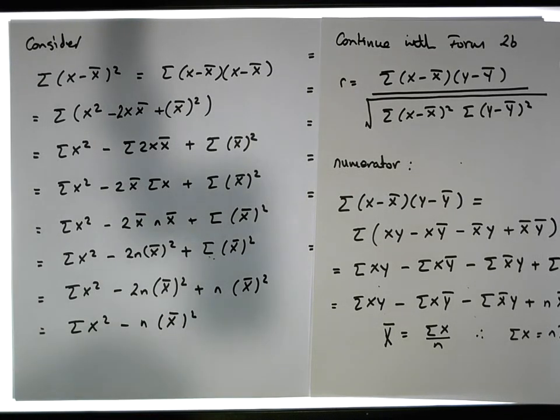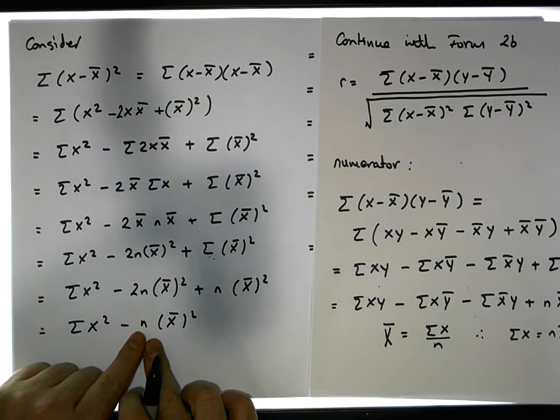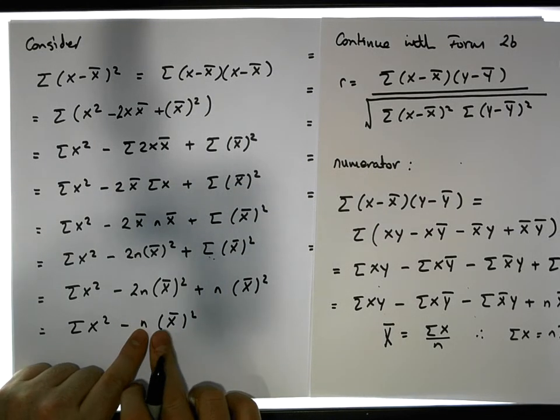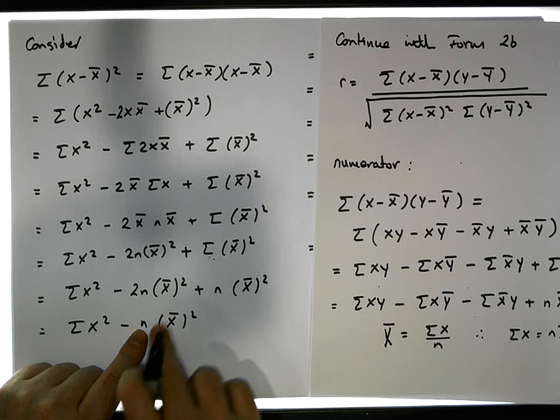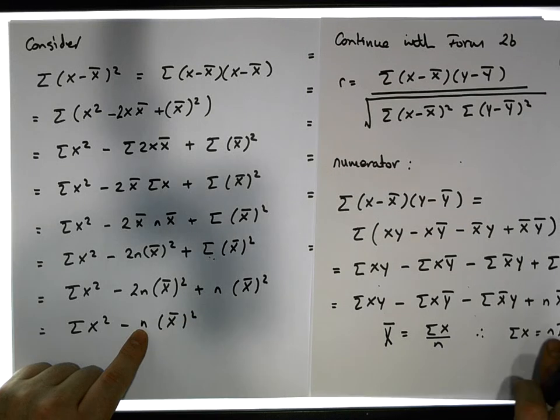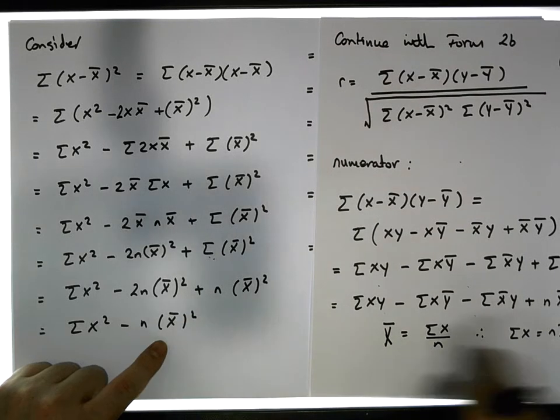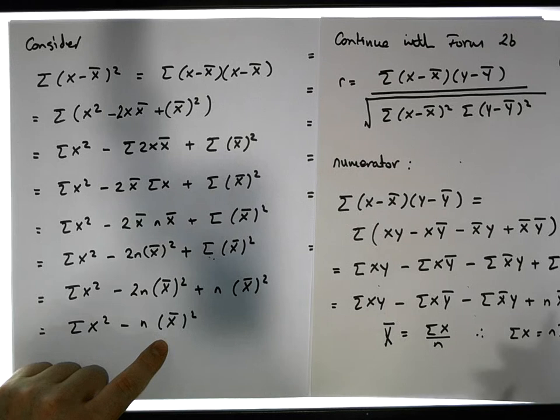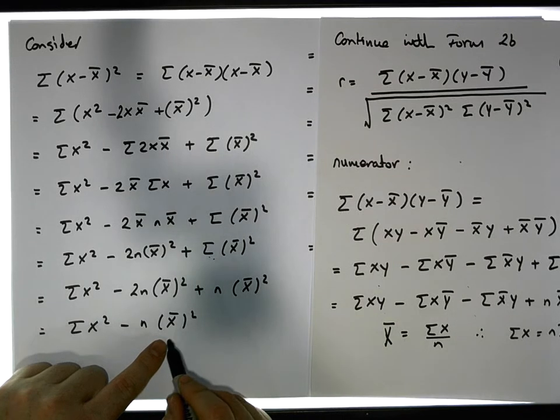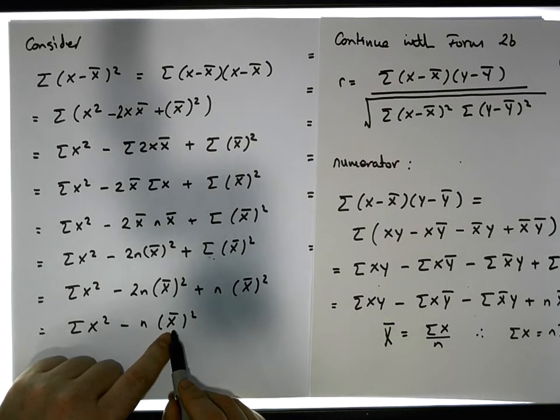Okay, and if we think about it from a sigma notation perspective, this is n times some variable, which is the mean here, to be squared. So if we go back into sigma notation, well, what's x bar? X bar is sigma x over n.